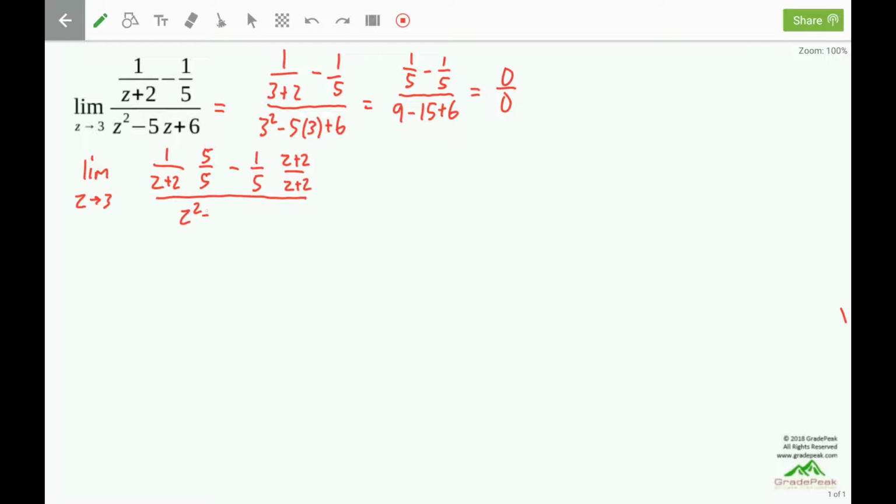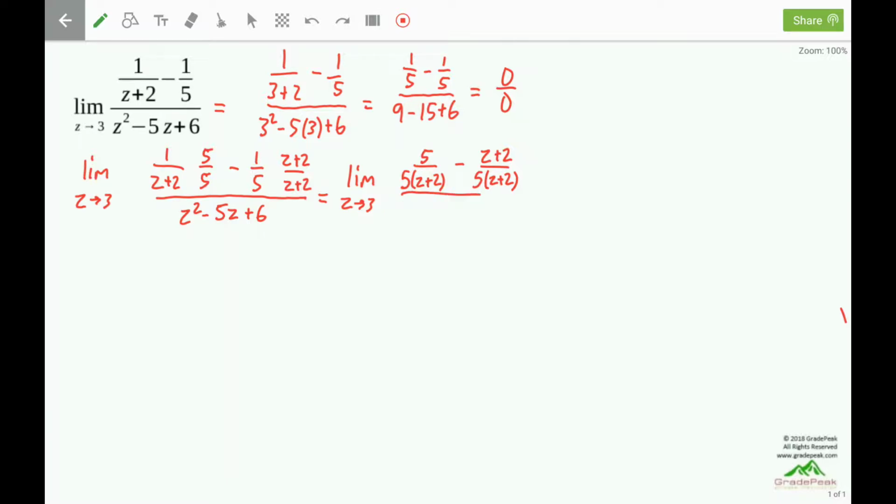I'm just going to leave the overall denominator the way it is for now until I get these two fractions combined. So we have limit as z goes to 3 of, in the numerator we would have 1 times 5, which is 5, over 5 times z plus 2, minus the numerator for the second fraction, 1 times z plus 2, which is z plus 2, over 5 times z plus 2.